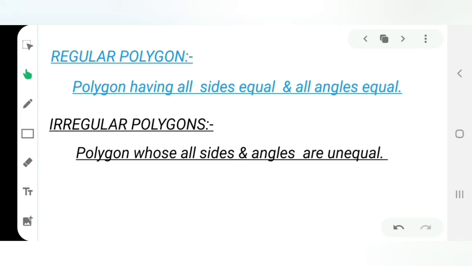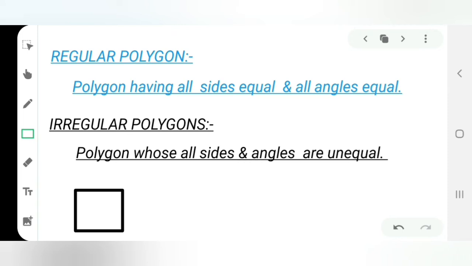Class, can you tell me an example of a regular polygon? We are all familiar with the square. It is a polygon. As it is a quadrilateral, all its sides and all angles are equal, so it is a regular polygon.